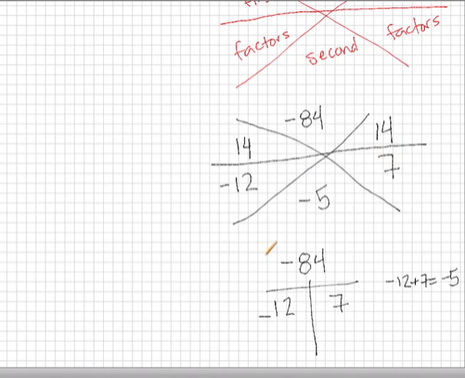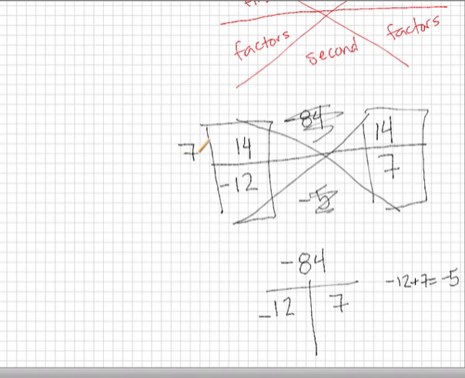Now here's where this becomes really convenient. We're done with this part now, and we're only going to pay attention to the sides. We're going to reduce these numbers and pretend like they were fractions. So if I had the fraction 14 over -12, I could reduce this to 7 over -6.